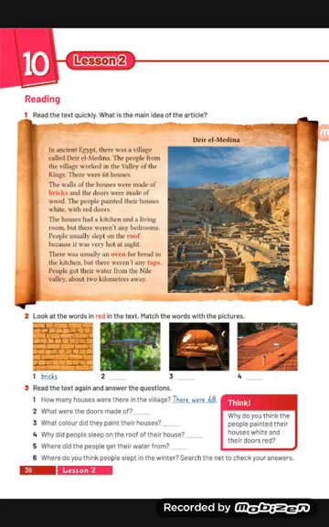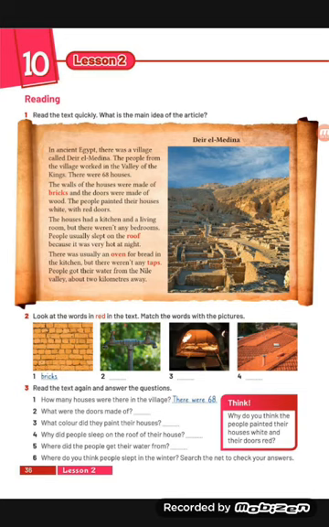Number 1, how many houses were there in the village? Yes, there were 68 houses. Number 2, what were the doors made of? Yes, it's made of wood.